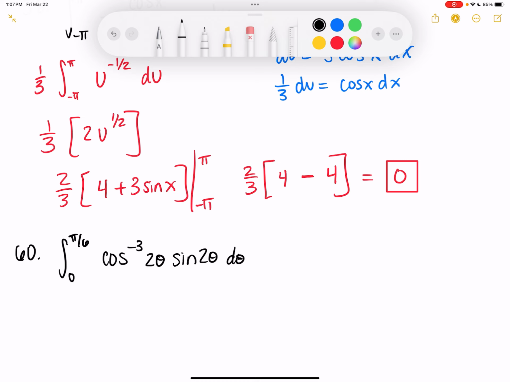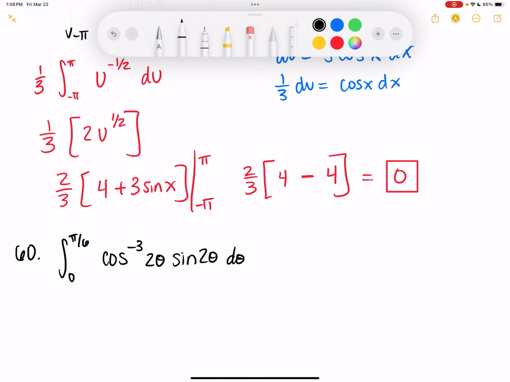It would be cosine 2 theta times 2, but this cosine is being raised to the negative 3. So should that be our u? Because taking the derivative of sine, yes, it gives me cosine 2 theta, but I can't have du raised to the negative 3. So that's going to be an issue.